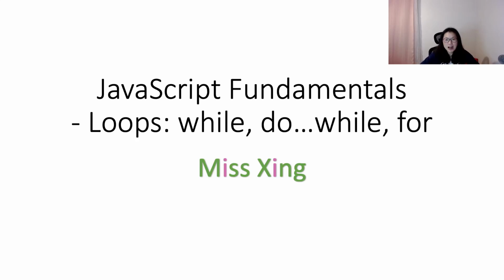In this video, I will cover 3 different ways to do loops inside JavaScript. Here we only cover 3, but it's not limited to 3 in JavaScript. In the future, we will also have another 3 ways, like another 2 variations on for loops for arrays and objects.